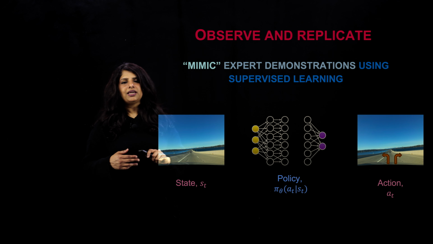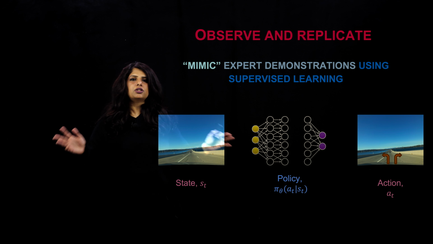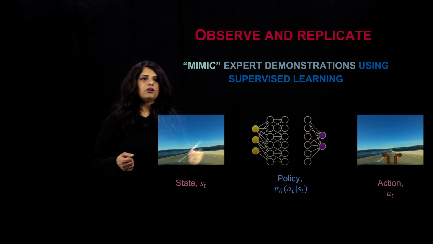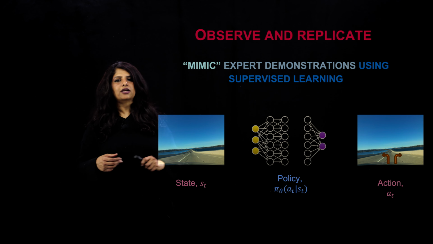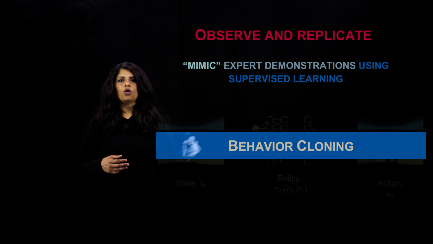So we want to be able to mimic whatever the expert demonstrations are just purely using supervised learning. We can think of the state action pairs as data points that are mutually independent from other state action pairs for this process of learning. This, in a nutshell, is what we call behavior cloning.